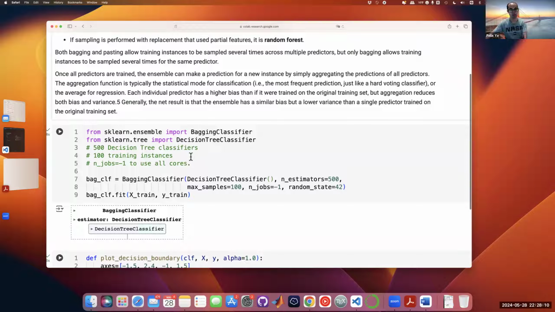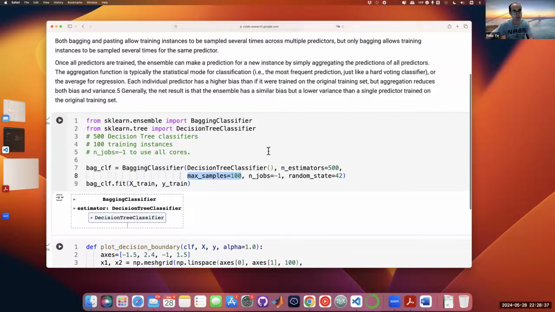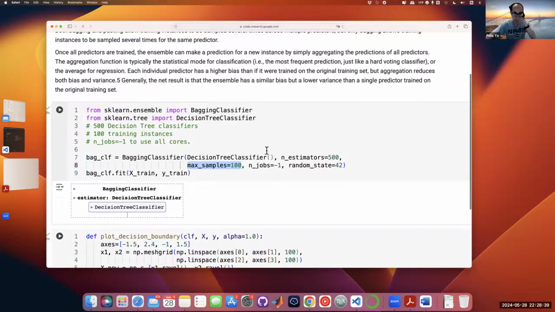For each decision tree, I'm going to randomly sample with replacement 100 training instances. So we create 500 trees trained on 100 random data points as a subset of the whole data with replacement. So we create this bagging.